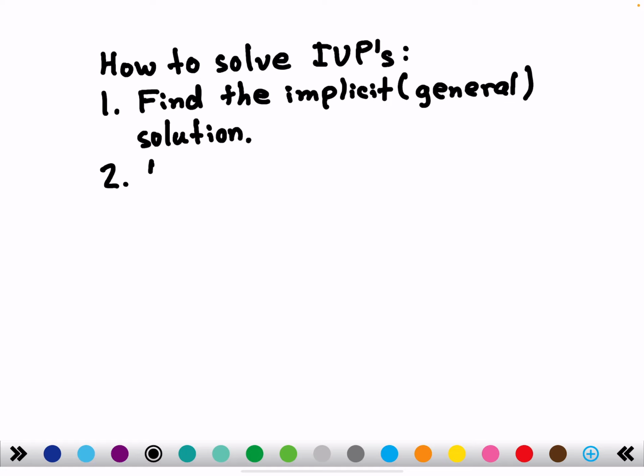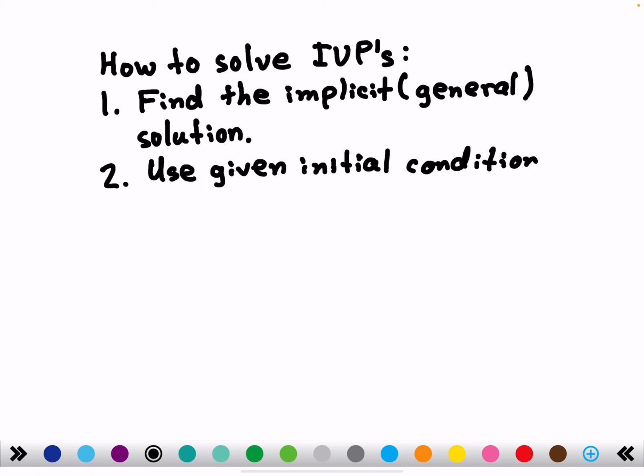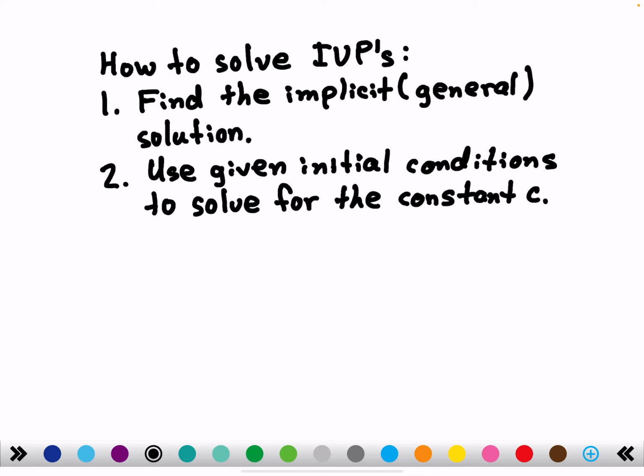Number two, use the given initial conditions to solve for the constant C. And number three, write the exact solution.